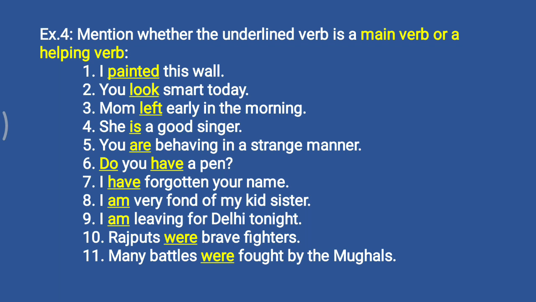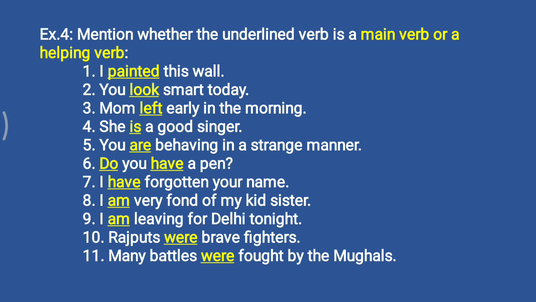Do you have a pen? Do is the helping or auxiliary verb and have is the main verb. I have forgotten your name. Here, have is an auxiliary verb. I am very fond of my kid sister. In this sentence, am is the main verb.